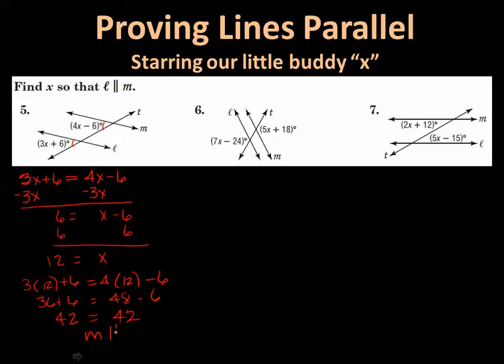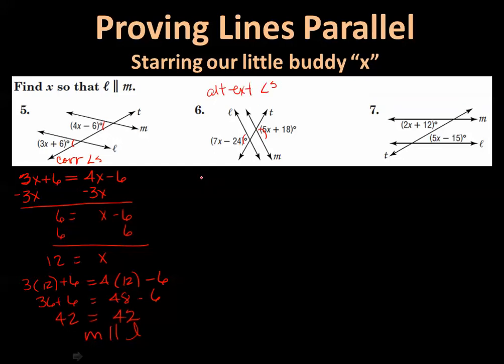So M is parallel to L. And that's all you got to do for these kind of problems. If you look at this one, oh, and I guess we might want to say here that they are corresponding angles. That's why they're congruent. Now here with number 6, they're alternate exterior angles.